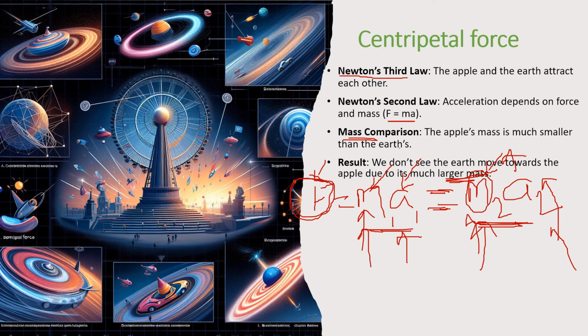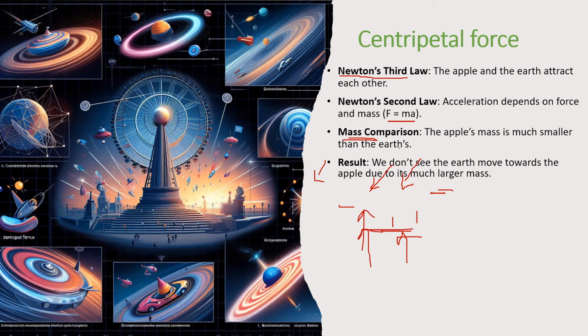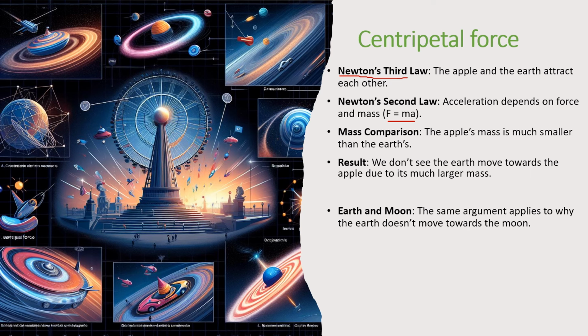This is one of the topics. Let's go to the next topic: Earth and the Moon. The same argument applies to why Earth doesn't move towards the Moon. Only the Moon is moving, not the Earth.